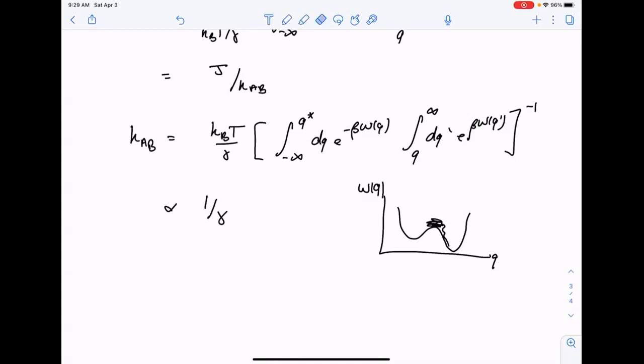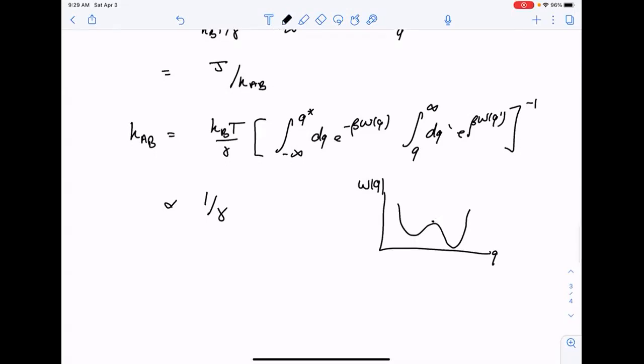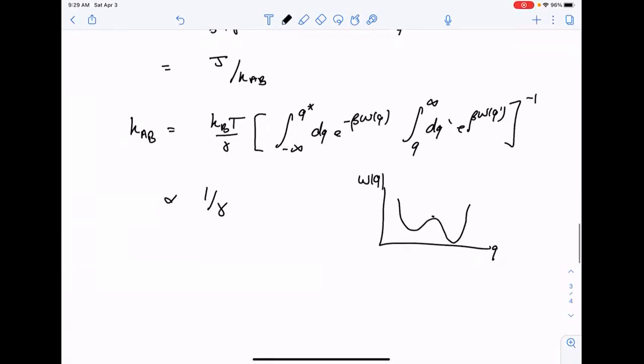In the limit that gamma was infinitely large, there would be no dynamics at the top of the barrier. The particle couldn't go anywhere. So gamma directly modulates the flux over the top of that barrier. And in this overdamped limit, it does so proportionally to 1 over gamma.